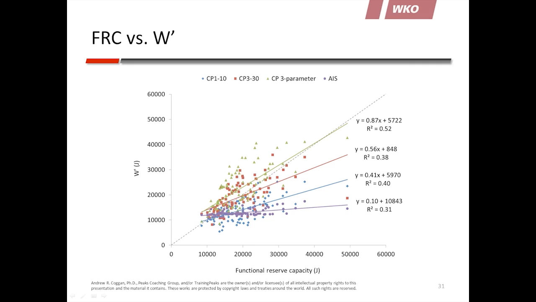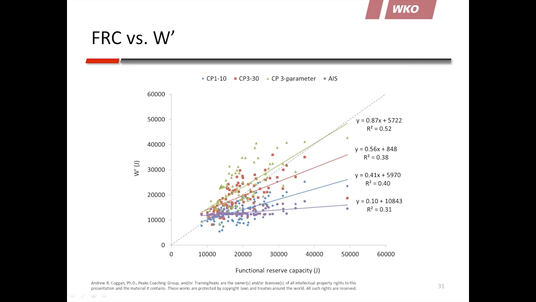And you can do a lot of experimental interventions to test those ideas, but the bottom line is that it's still a mathematical calculation. You can't measure W prime itself any other way than to do a series of exercise tests and fit a model. Similarly, you can't measure FRC any other way other than do a mathematical model. It may reflect physiology, but it's still a mathematical calculation.